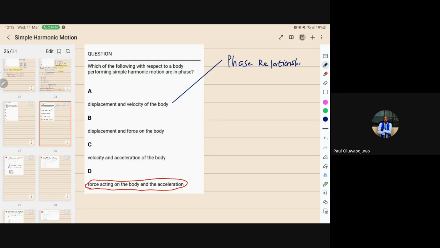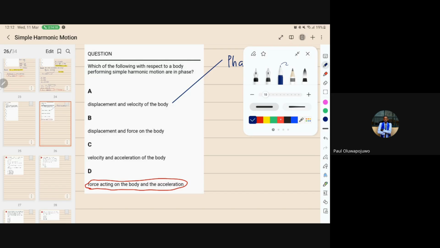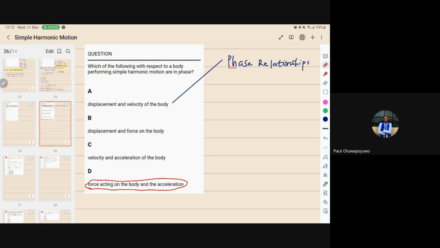But just remember that when it comes to simple harmonic motion, you can only talk about force and acceleration, because both of them act at the center, that's the equilibrium position. For displacement and velocity, they are 90 degrees out of phase. There are some derivations to this, but I don't think it's important at this point.